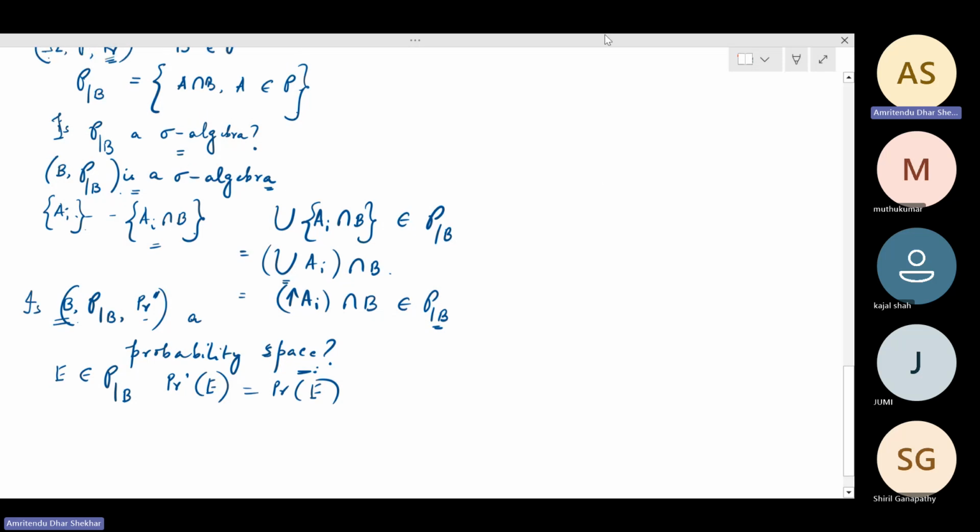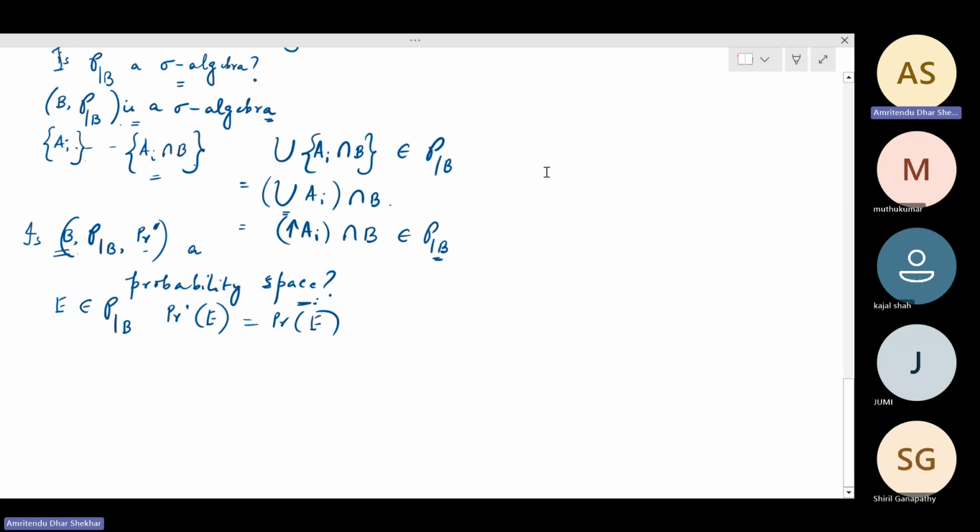It's not a probability space because in order for something to be a probability space, you want the probability of the universe to be equal to 1. But the probability of this base space may not be equal to 1.